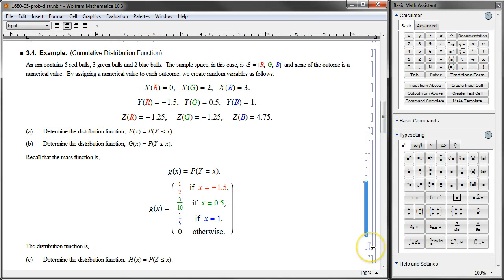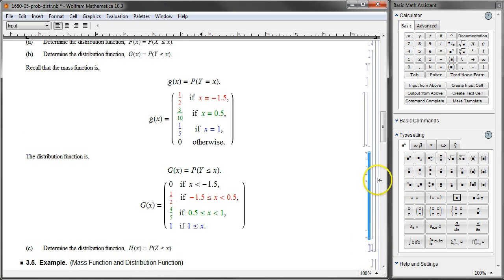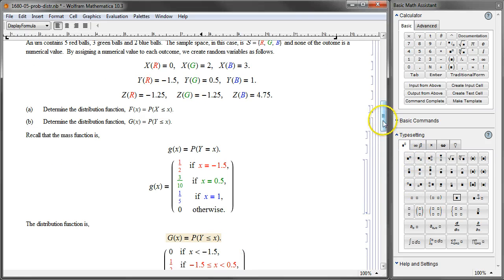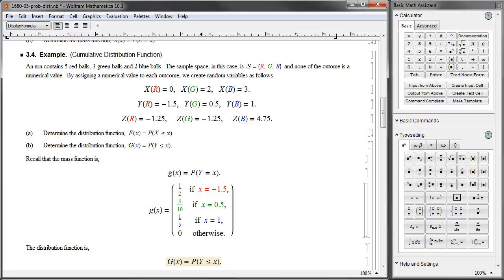Now, what is the distribution function? Well, we have to look at this function, probability where capital Y is less than or equal to x. Now, what if x is less than even the smallest possible value?